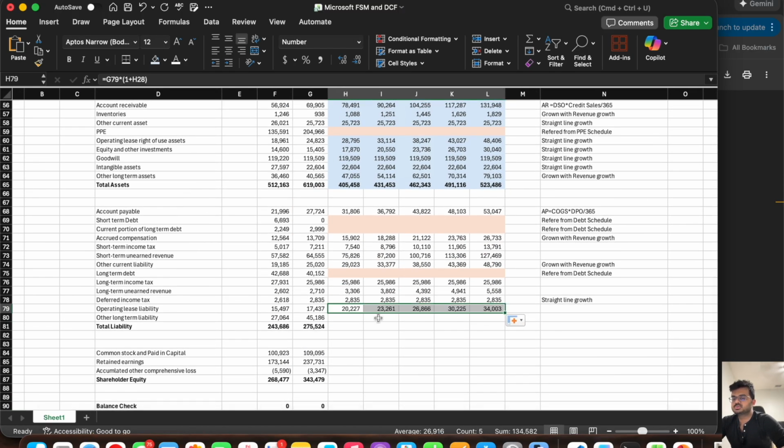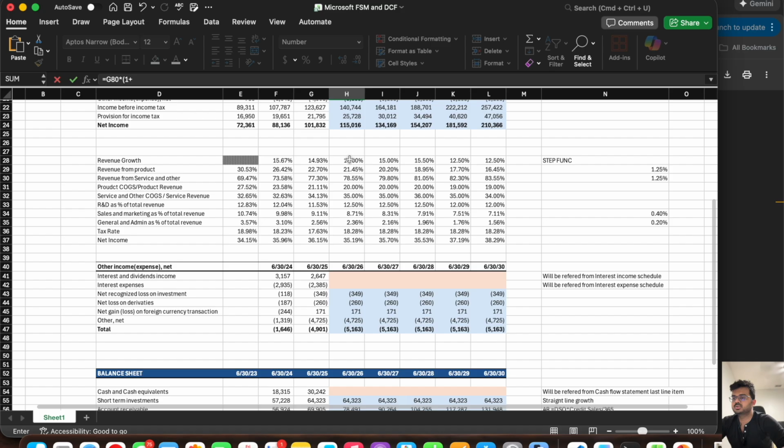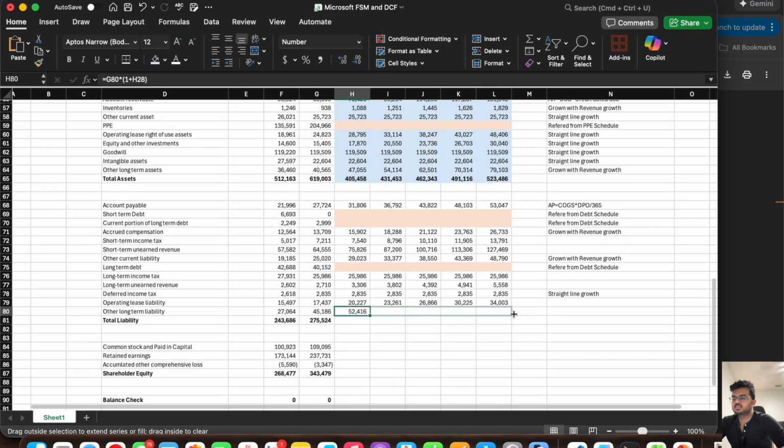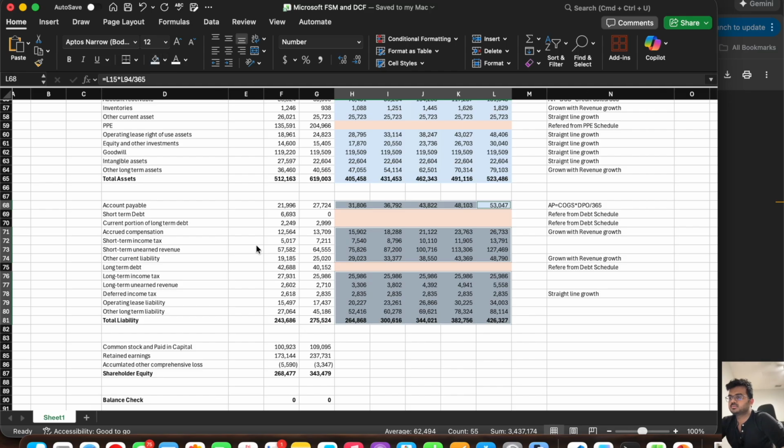So I'm going to grow this with revenue. Similarly, as the business grows, the liability will also increase. Then I'm going to calculate the total. I'll just color this a bit so that we know what it is needed for.